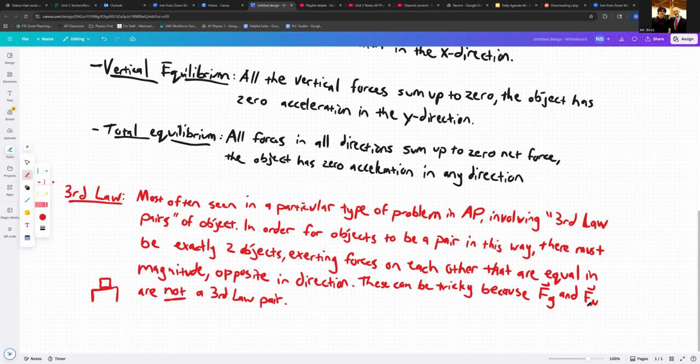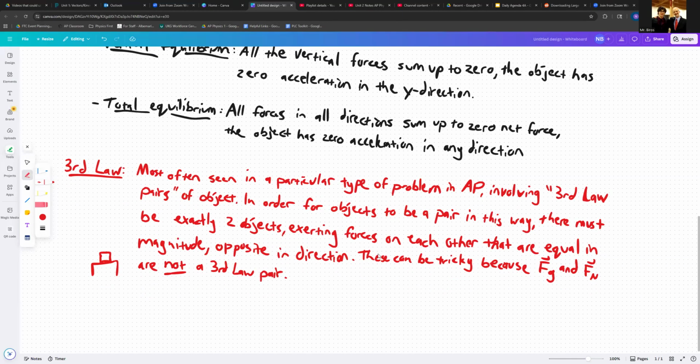So we really just want to make sure for the forces that are happening here, do we have 2 objects exerting forces on each other, pushing or pulling on each other, and those forces will then be equal in magnitude, opposite in direction. Because that's what the third law says: if you have an object 1 pushing or pulling on object 2, there will be a force acting back in the opposite direction from object 2. Okay, we'll see some of those examples. We'll go through some of those types of problems.